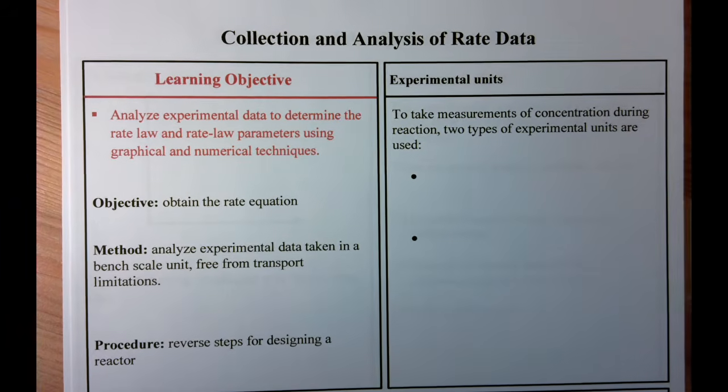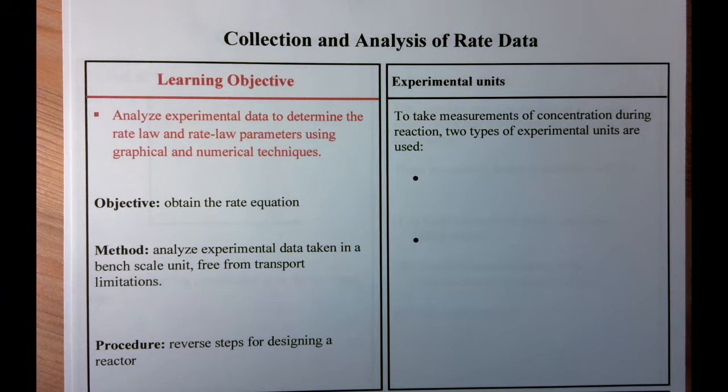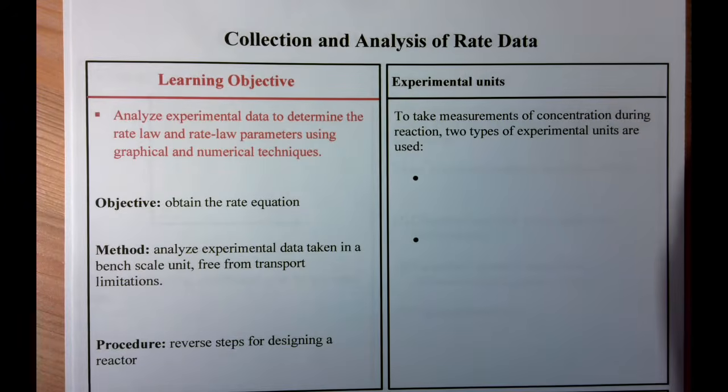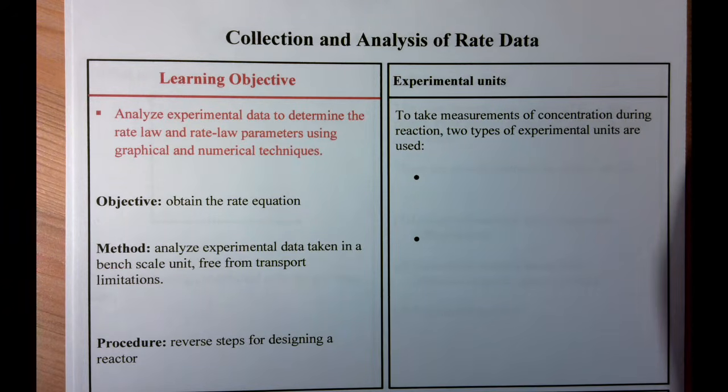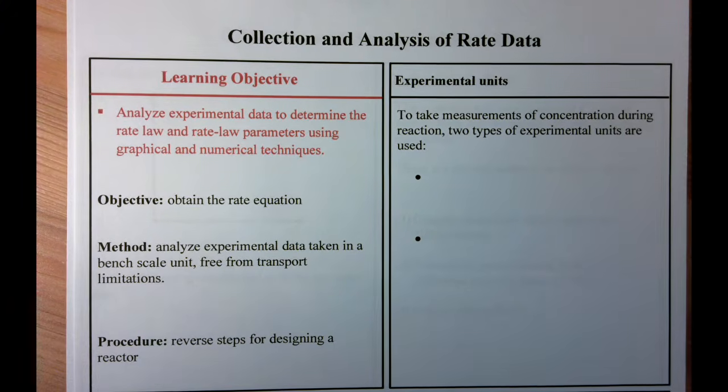Everything that's happening, the slowest step is the reaction step. And finally, the procedure is going to be reversing the steps that we've taken in the Fogler algorithm for designing a reactor. So let's jump right into the notes.